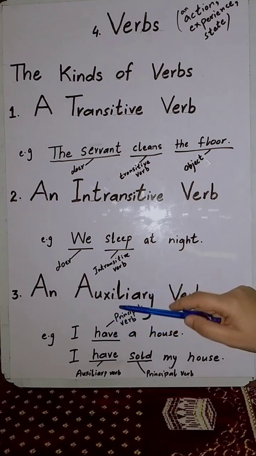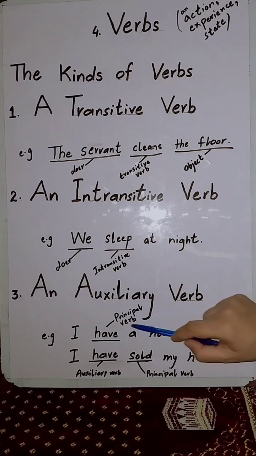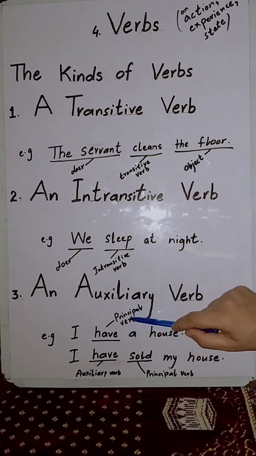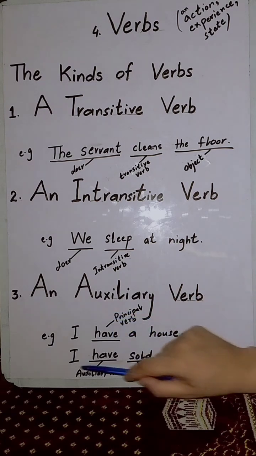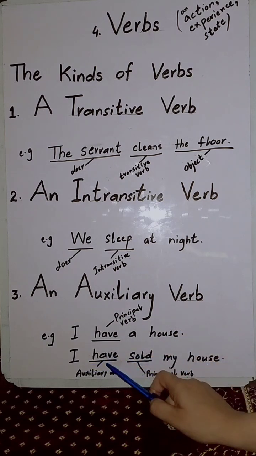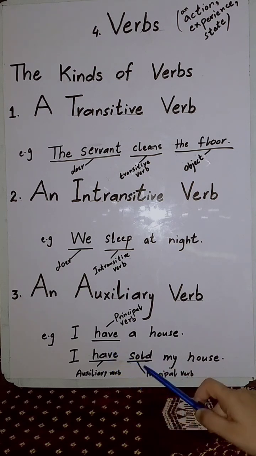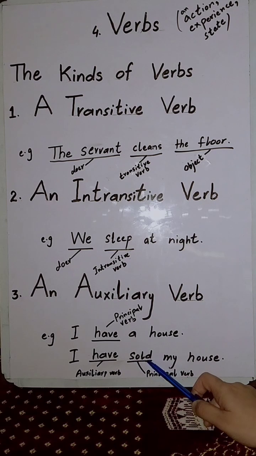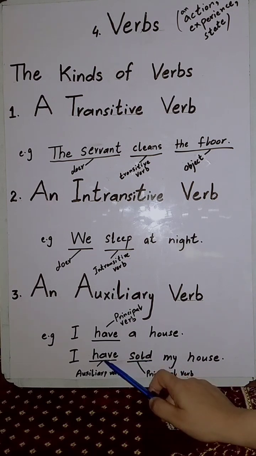So here it is a principal verb, or you can say a main verb. But in the second sentence, have has no significance of its own. It just helps the principal verb sold to form a present perfect tense. So here have is an auxiliary verb, or you can say a helping verb.